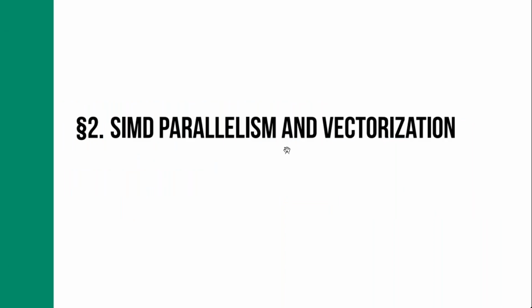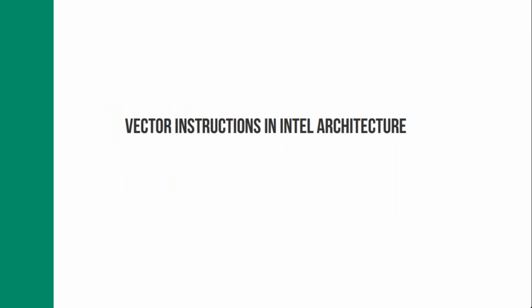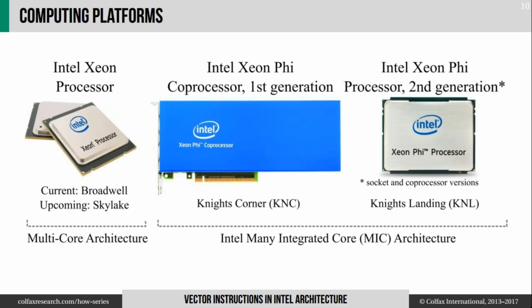So let's talk about SIMD parallelism and vectorization. We will talk about vector instructions in Intel architecture. And as usual, I show this slide to emphasize that not only will we target different kinds of Intel architecture, but also that the material that I'm going to teach applies to non-Intel processors as well, as long as they support SIMD parallelism in the form of short vectors.